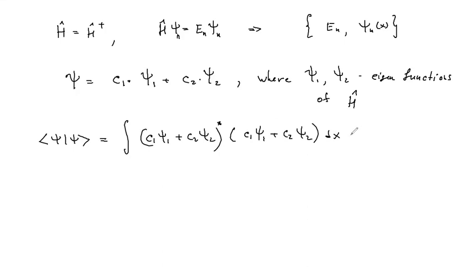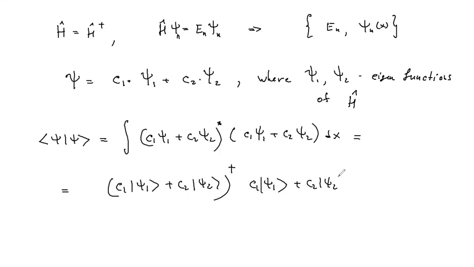To make notation more short, we can introduce Hermitian conjugation to the vector. We can say you have C1 psi1, C2 psi2 conjugated. This would be this part. And ket vector would be C1 psi1 plus C2 psi2. It would be just exactly the same as this one.